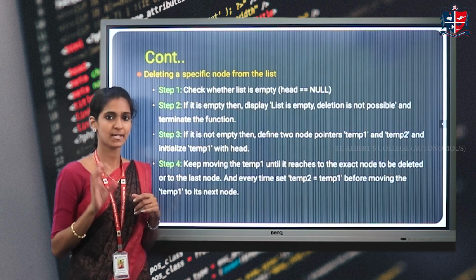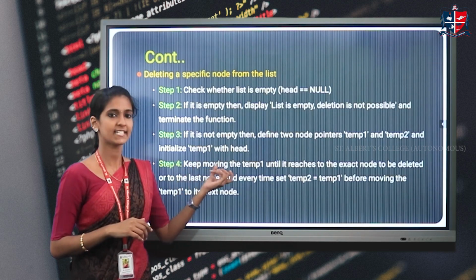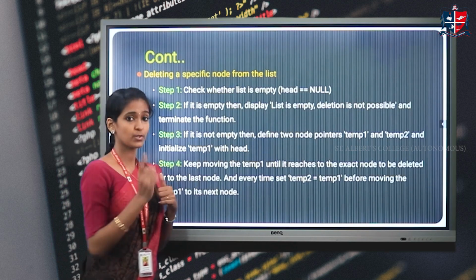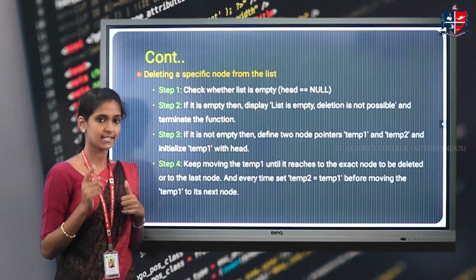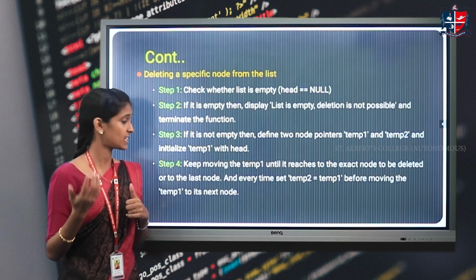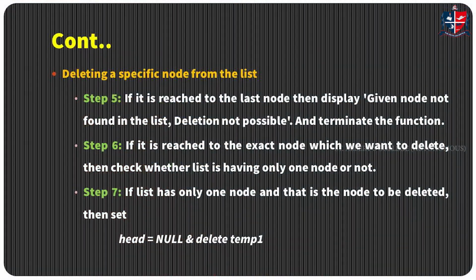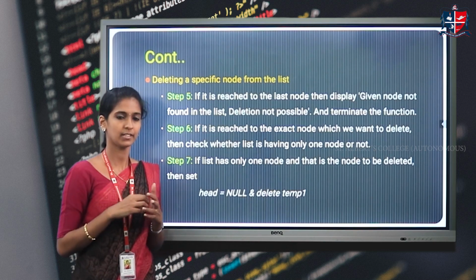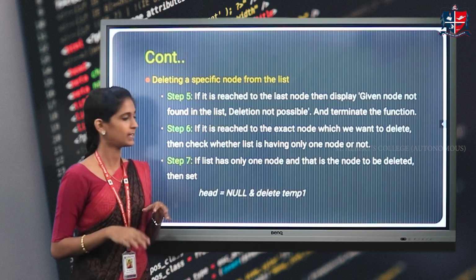So keep moving temp until the node you want to delete, and in that step, simultaneously assign temp1's value to temp2. If it reaches the last node and the node we want to delete is not present, just terminate the function.